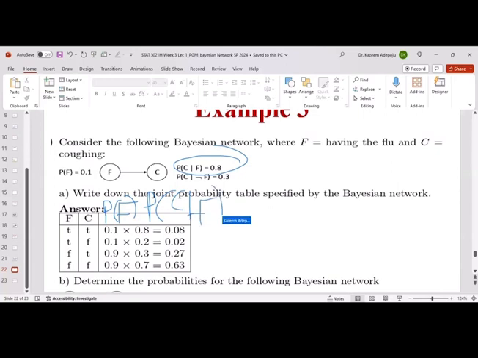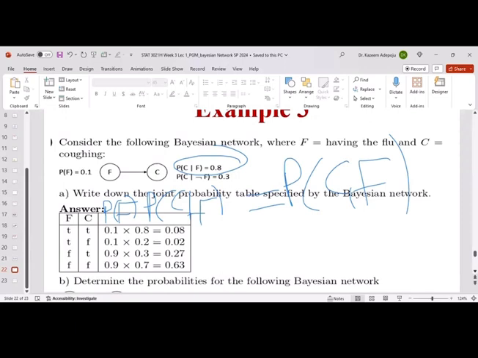That's what I'm using. I'm calculating the joint. So here, the flu is true, I have flu, and it is true that I'm coughing. You can see it here. When you multiply that, it gives you 0.08.